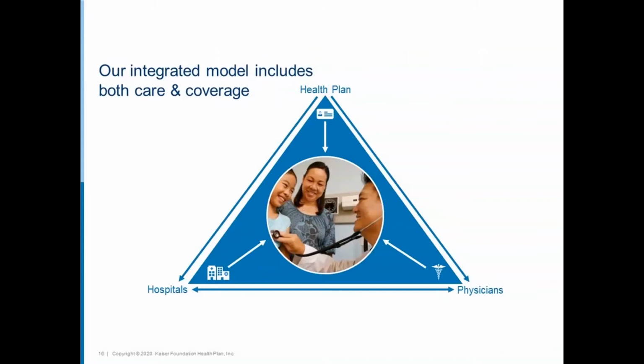Kaiser Permanente is an integrated healthcare system that includes care and coverage. Our integrated model aligns hospitals, physicians, and the health plans to drive coordination of care across all settings and providers. Kaiser Foundation Hospitals are a nonprofit public benefit corporation that owns and operates 39 hospitals in the Western United States.